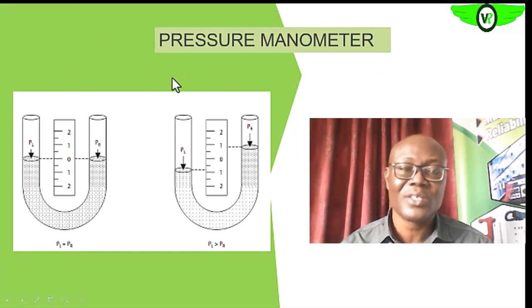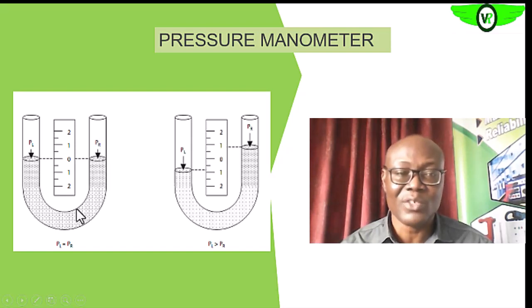It's just a U-tube, both ends open, and then subjected to the different pressures. Are we getting it? So like in the one we have on the left now, you see the U-tube, assuming you have water or whatever fluid in it, both ends are open to the atmosphere, which means that both ends are subjected to atmospheric pressure, the same amount of pressure.